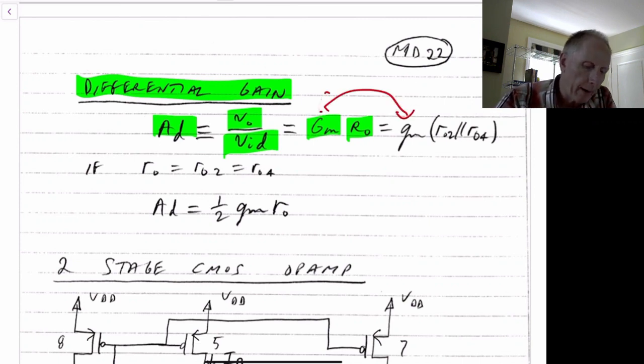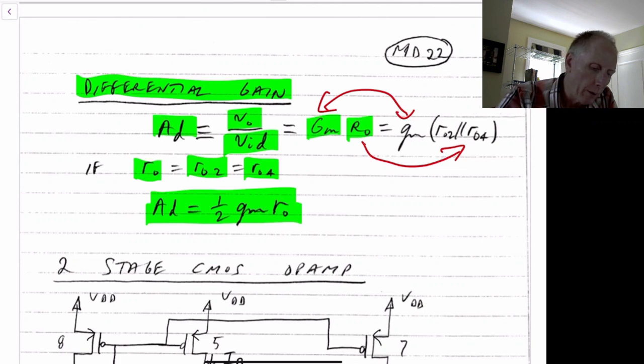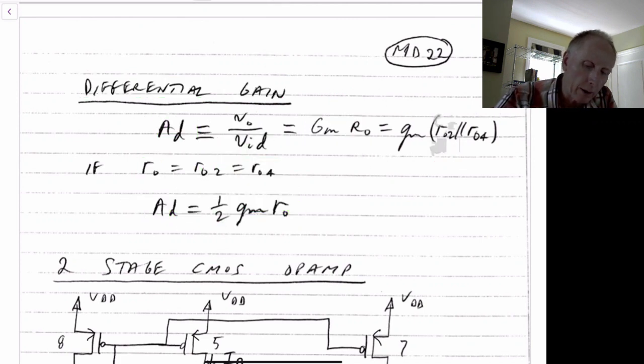If we make the assumption that RO2 and RO4 are equal to each other, and we define that to be R naught, then the differential gain is equal to 1/2 small gm times R naught of either M1 or M4. Generally speaking, RO2 and RO4 may not be the same, so this might be an oversimplification in many cases. But certainly this equation will be correct.